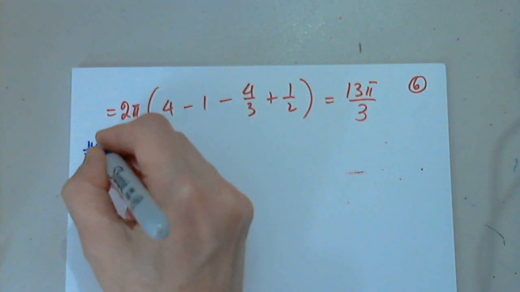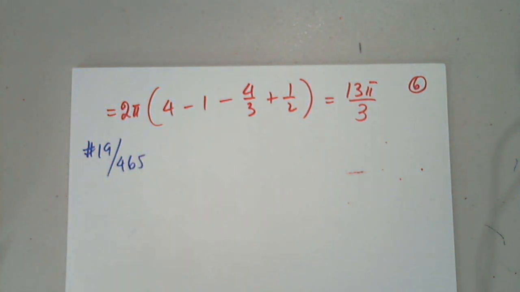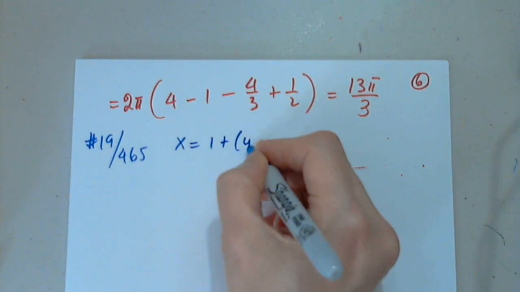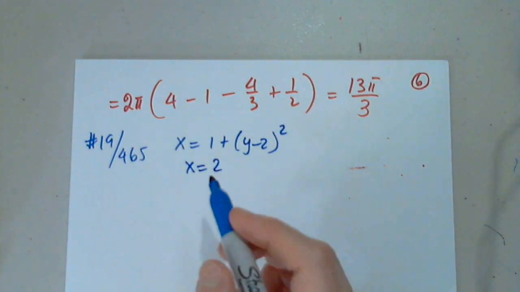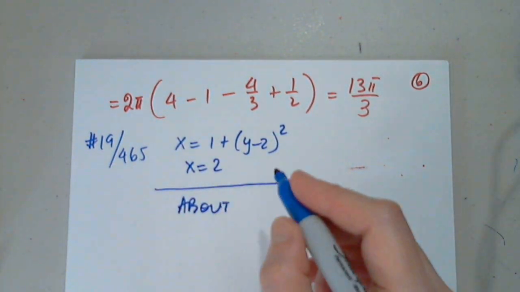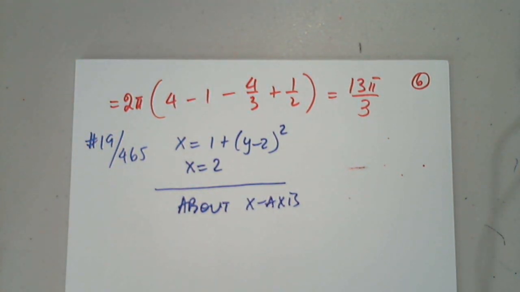So in 19, the last one from this section, on page 465, we are given x equals 1 plus (y minus 2) squared. We are given x equals 2, and we're asked to rotate about the x-axis.